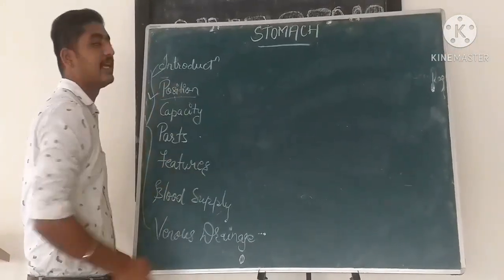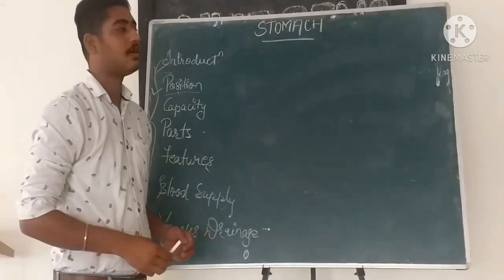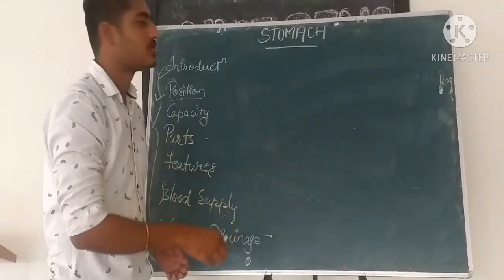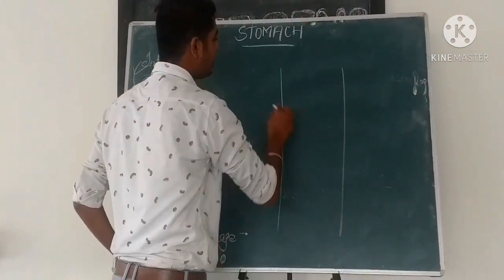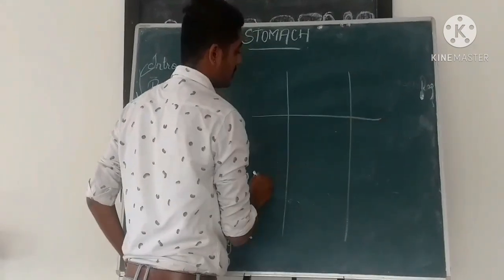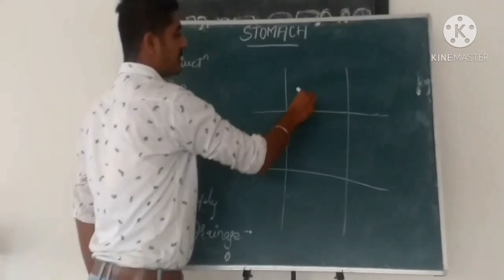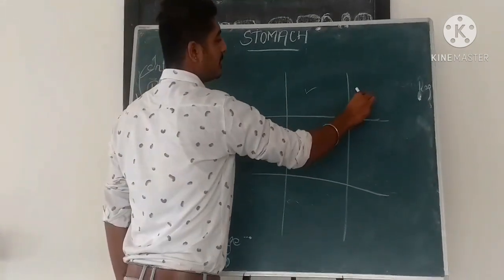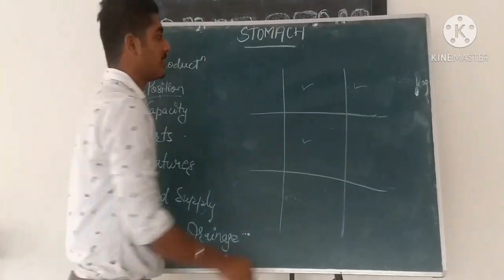Next we will study regarding the position of the stomach. When we want to study the position, we have to draw the 9 quadrants of the abdomen. So these are your 9 quadrants. The stomach occupies the epigastrium, the left hypochondrium and the umbilical region.